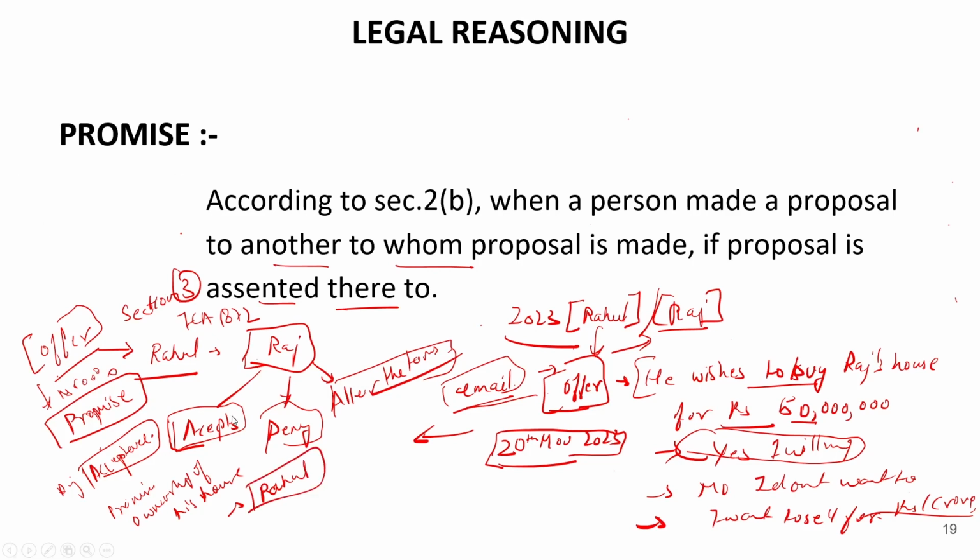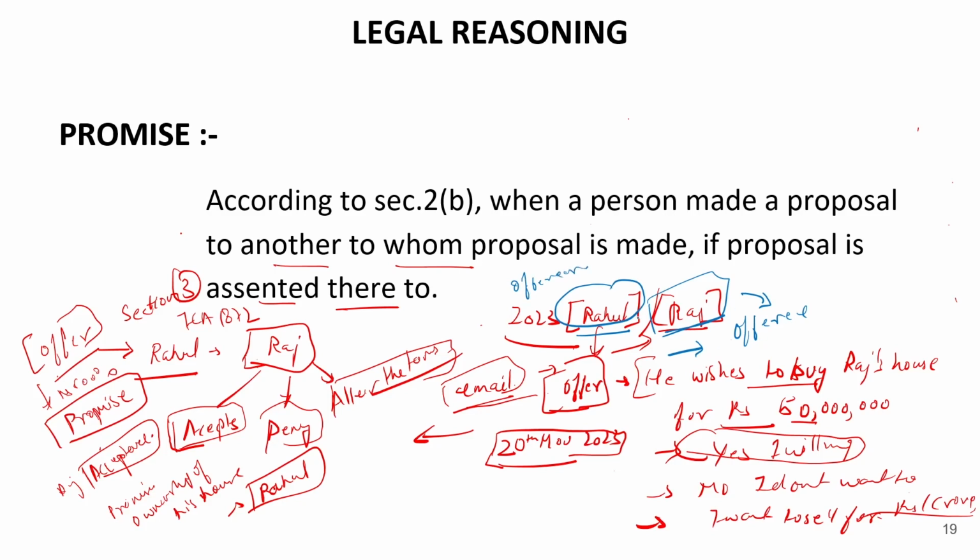So we have understood that once we have initiated an offer by a communication, and once that information has reached the offeree, here Raj is the offeree to whom the offer has been made, and Rahul is the offerer.